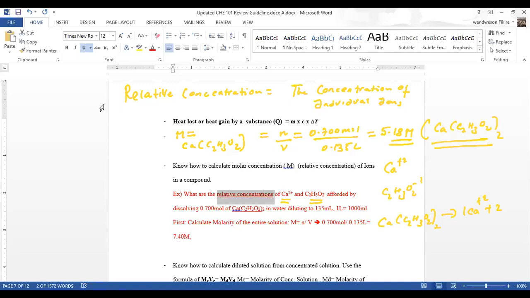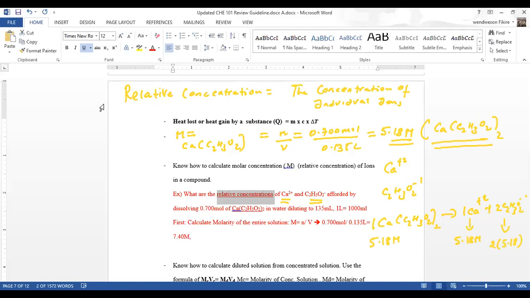So 1 mole of calcium acetate generates 1 mole of calcium ion and 2 moles of acetate ion. So the ratio is 1 to 2. So if you have 5.18 molarity of calcium acetate, the relative concentration of calcium would be 5.18 molarity. The acetate ion would be 2 times 5.18.